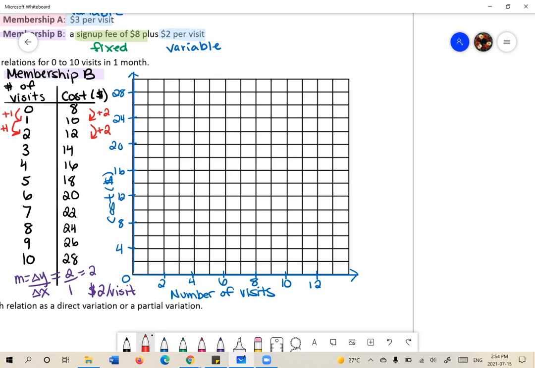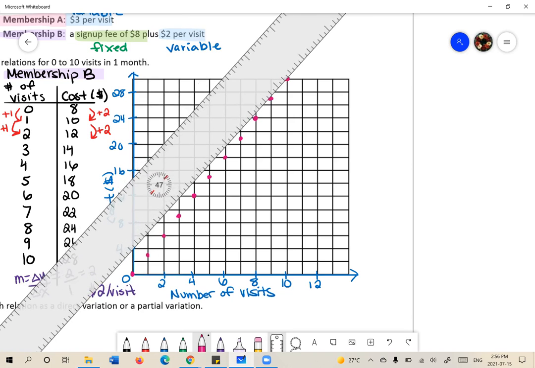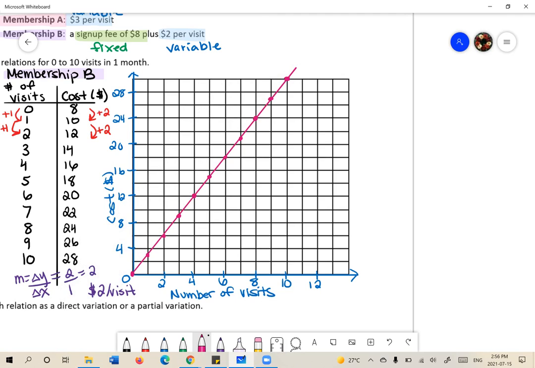Membership A, I will plot in pink. I'm going to label this with membership A. Membership B will be in purple.